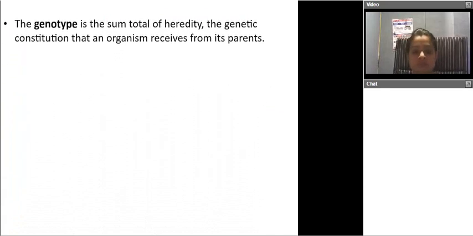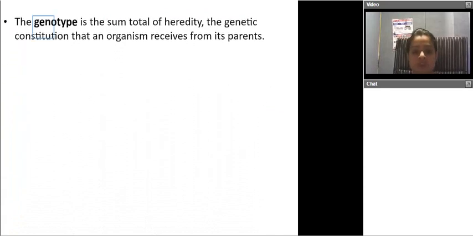Genotype is a term which means the sum total of heredity. Right? The sum total of heredity, including the genetic constitution of the organism that it receives from its parents, is known as the genotype.